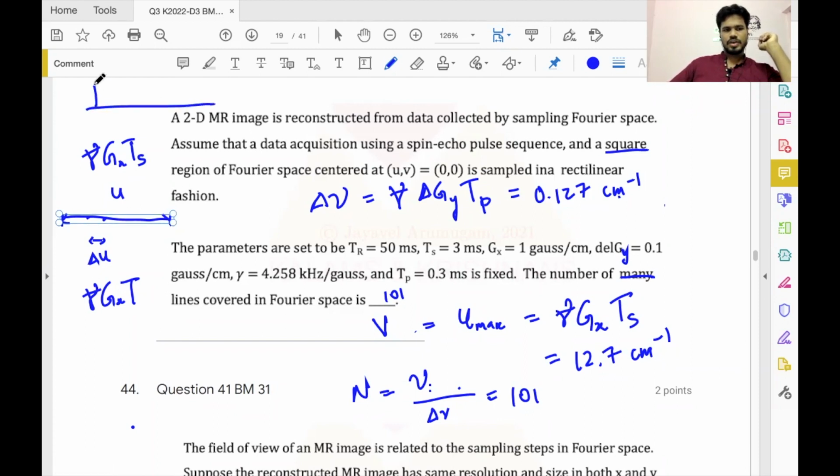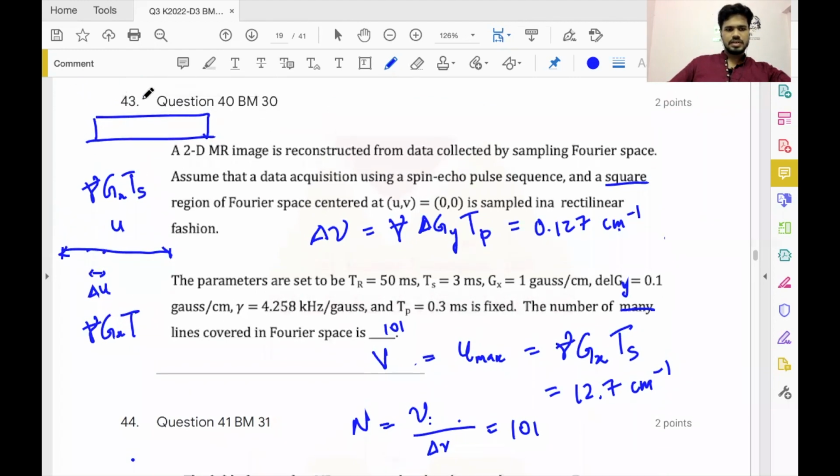Let's say this is where we acquire the signal for a length of TS. The signal acquisition happens every delta t, which we call t here, the distance between two samples. So 1 over t will be our sampling frequency for this signal.